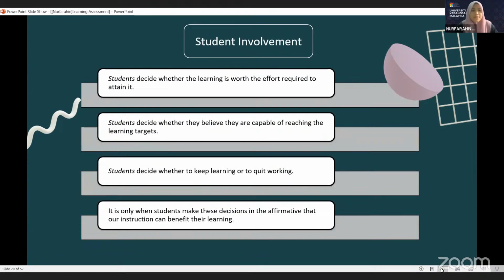Now, student involvement. Students decide whether the learning is worth the effort required to attain it, and whether they believe that they are capable of reaching the targets. Students decide whether they keep learning or quit working, so that's a very dangerous stage. It is only when students make these decisions in the affirmative that our instruction can benefit their learning.